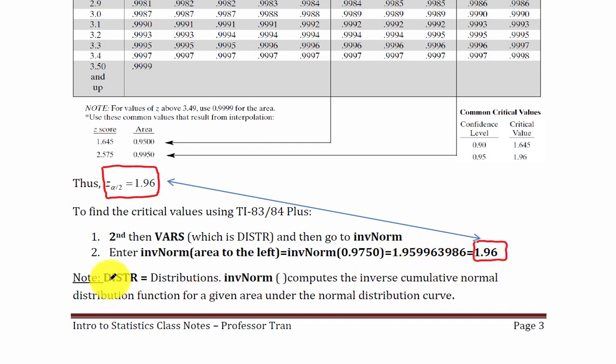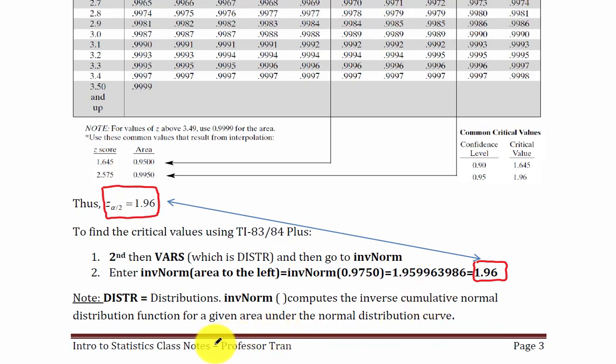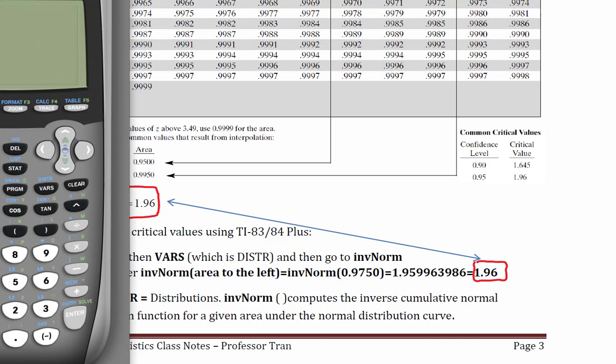Now DISTR is the distribution menu, and invNorm will compute the inverse cumulative normal distribution function for a given area under the normal curve. Now let me quickly show you how to use that here.